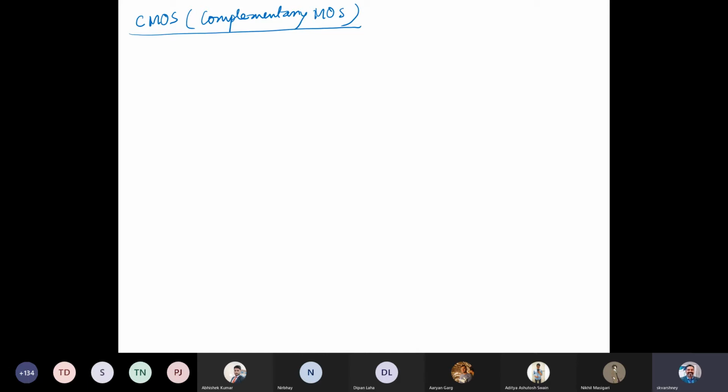So that's what we call a CMOS, which is nothing but complementary MOS, metal oxide semiconductor, right? One can do it both ways. One can have a P-type substrate, or we can have an N-type substrate.